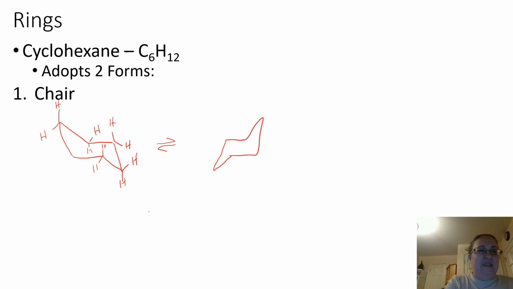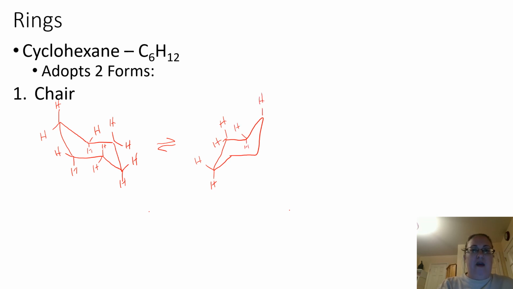That is what has alleviated our torsional strain, or that eclipsing strain that we have as well. When we get ready to do that ring flip, we see the same type of notation in terms of the hydrogens, that they're still going to be in that non-eclipsing format that we have.